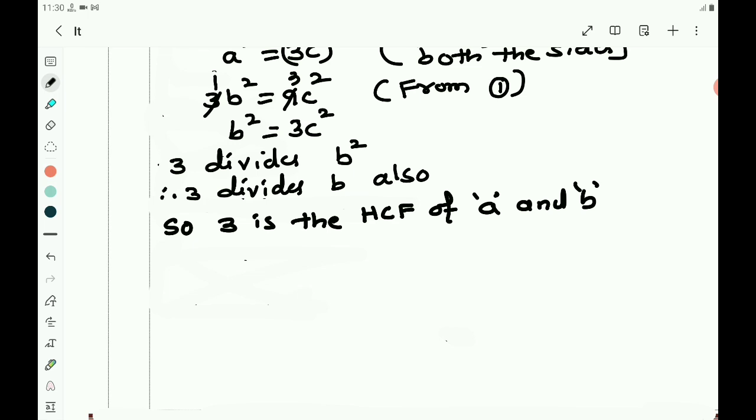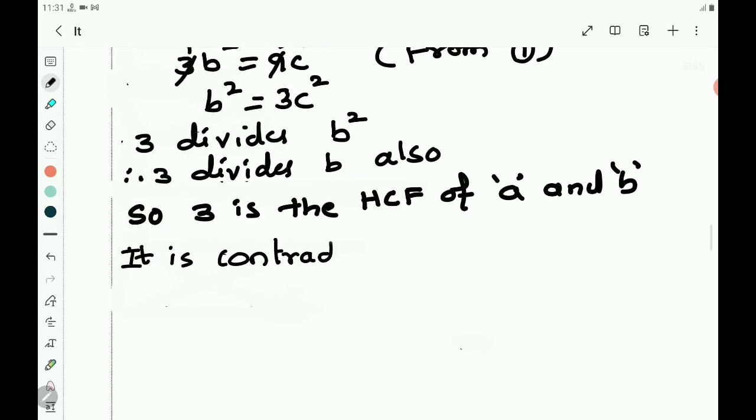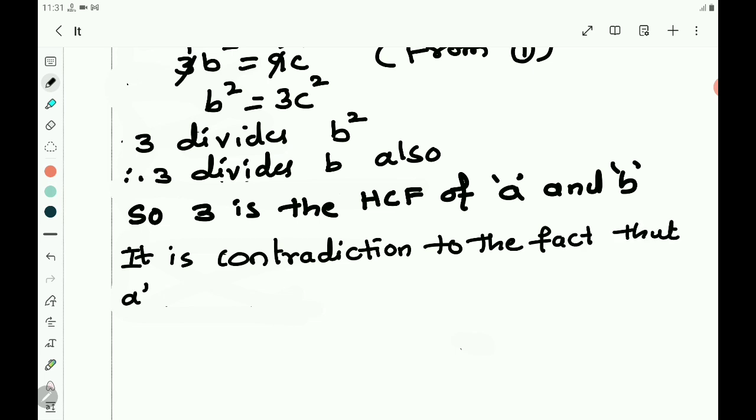So it is a contradiction to the fact that a and b are co-primes.